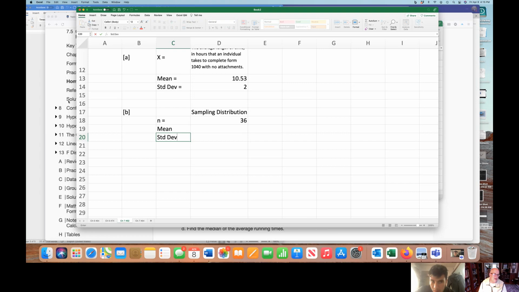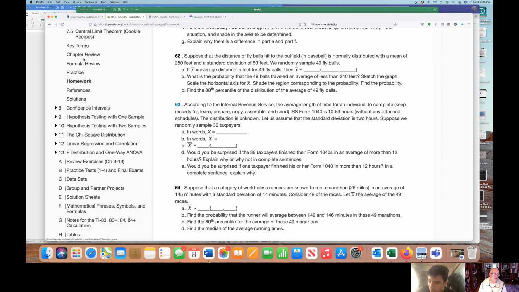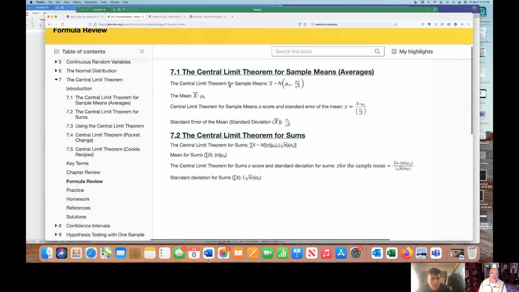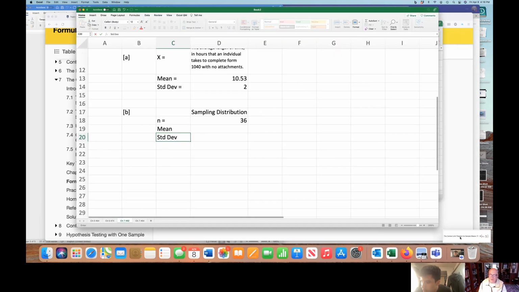And maybe I don't remember how to do that, but I go to formulas. x bar has this distribution, right? Correct. So that's the formula we use here. If I want to not toggle back and forth, I can just copy that and put it right there.